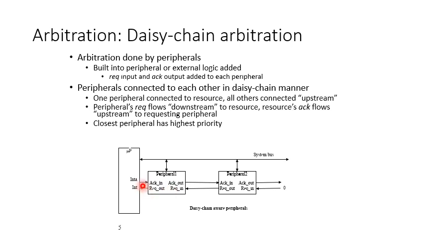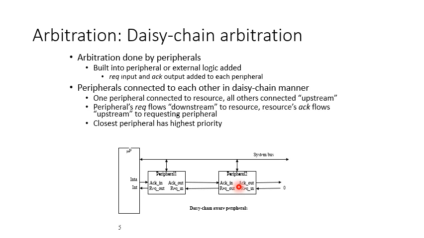Likewise, when the data is processed by the microprocessor, the acknowledgement comes in at peripheral 1, and then it goes out through acknowledgement out to peripheral 2. So we have two directions, upstream and downstream. Upstream means that we are moving from the processor to peripheral 2. Downstream means that we are moving from peripheral 2 to the microprocessor. So this is daisy chain arbitration.